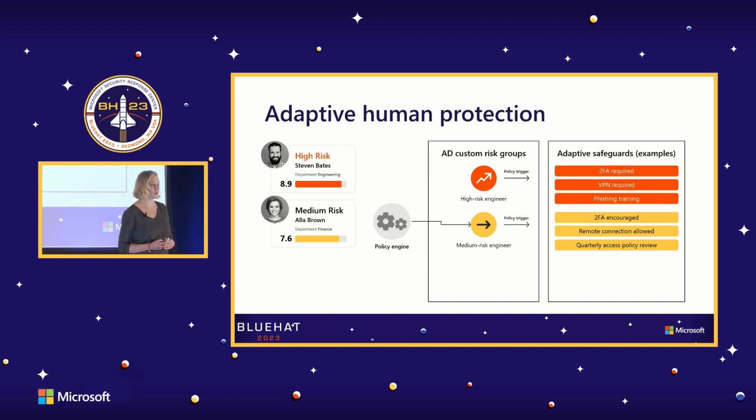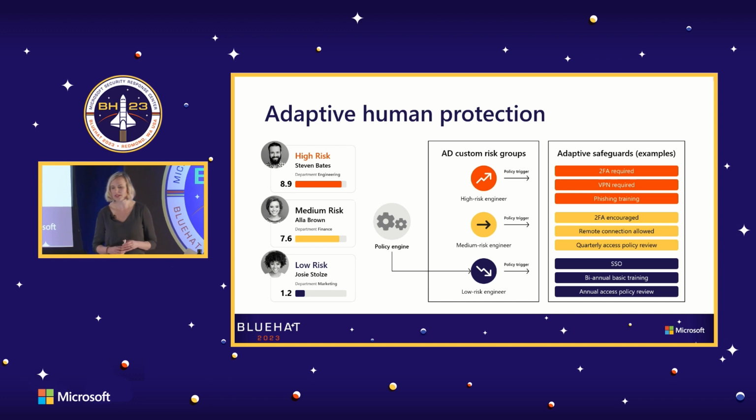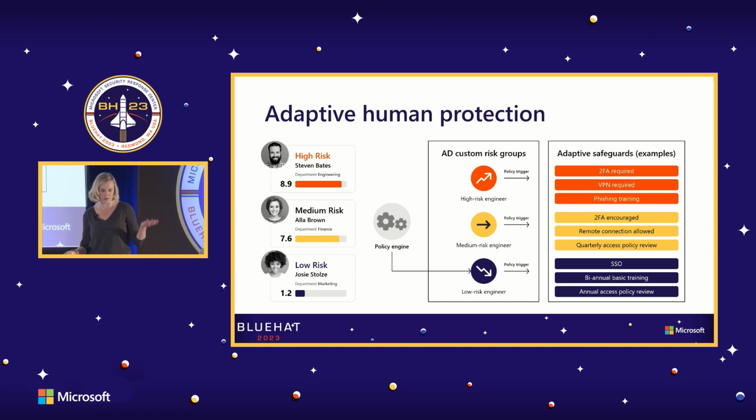So only 2FA encouraged, and certain types of more permissive access allowed, and reviewing policies quarterly as opposed to more frequently. And for low risk employees, maybe we have much more relaxed MFA restrictions, SSO only, a lot of testing out of training, and also very, very permissive policy reviews. So thinking about how we adapt the security policy to an individual based on their risk.